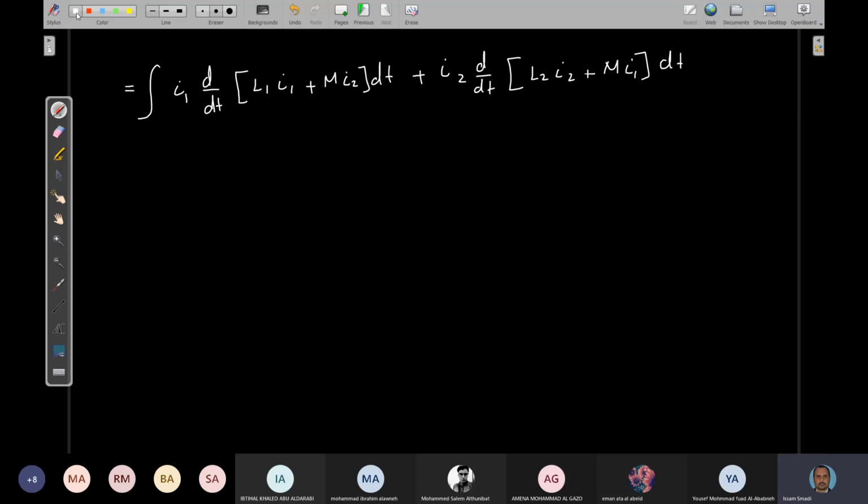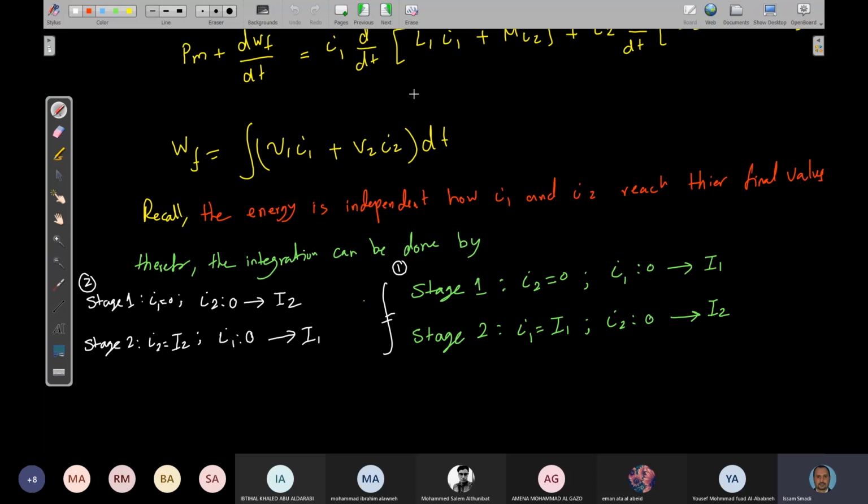And I will start with stage number 1. So if I evaluate using stage number 1, I will assume that I2 equal to what? 0. I2 equal to 0.